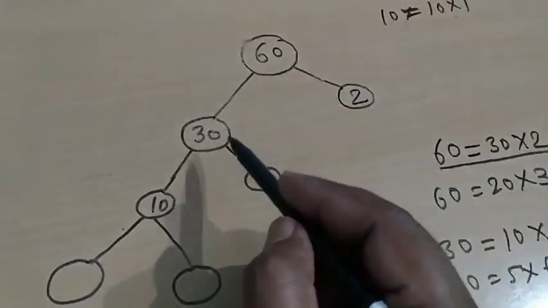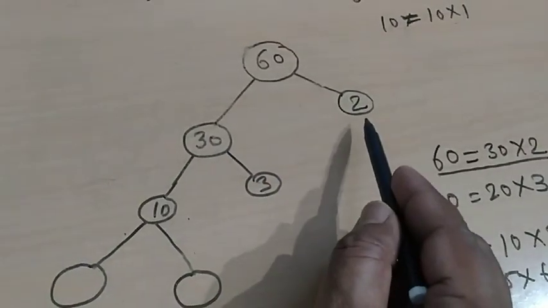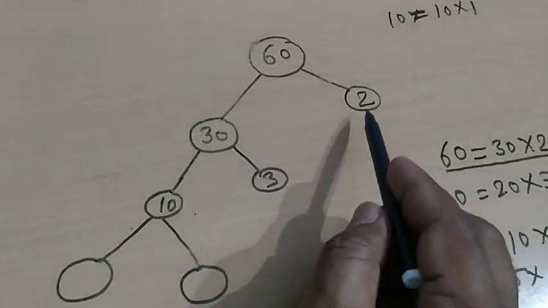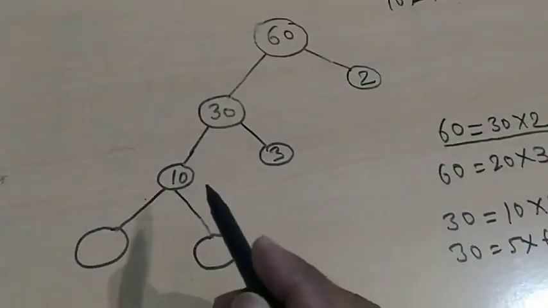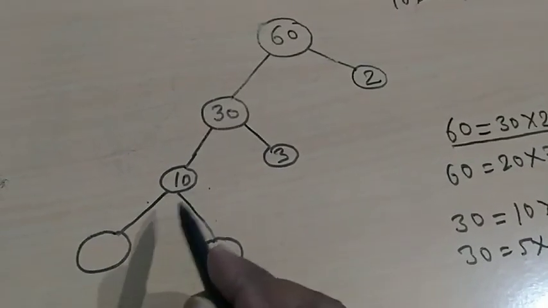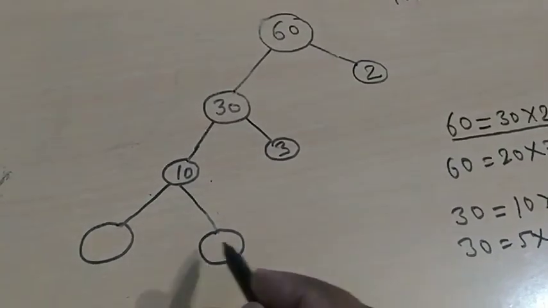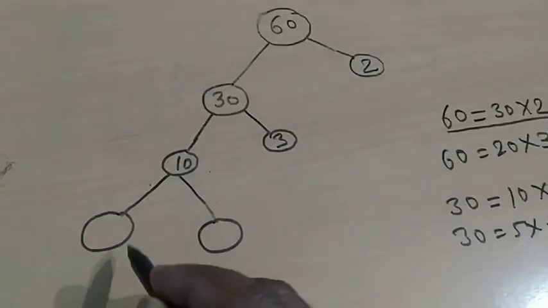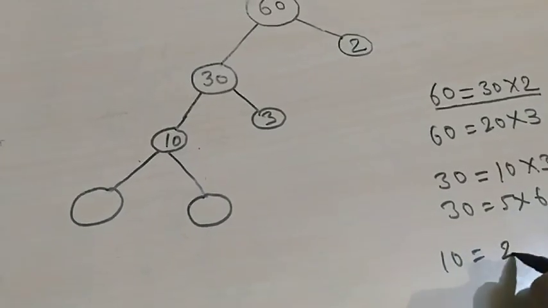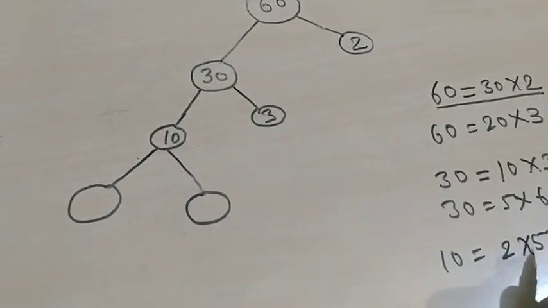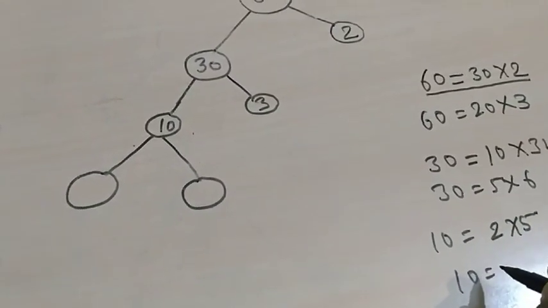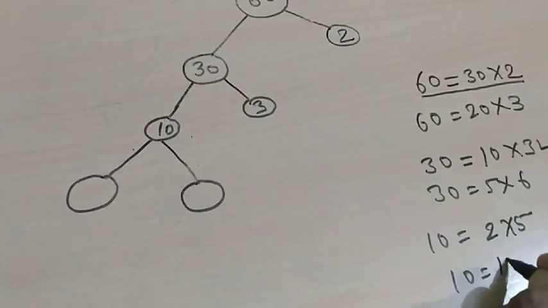Here 60 is given, here 30, and this is a missing number, so if you divide 60 by 30, we obtain 2. Clear? And here, 10, you break it into 2 parts, both parts are missing, so you can write 10 is equal to 2 times 5. Also 10 is equal to 10 times 1.